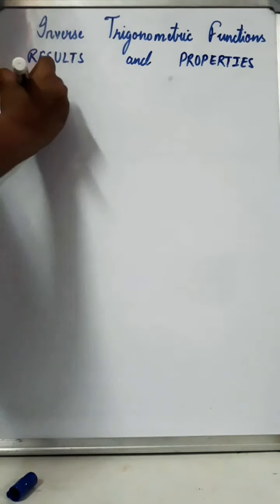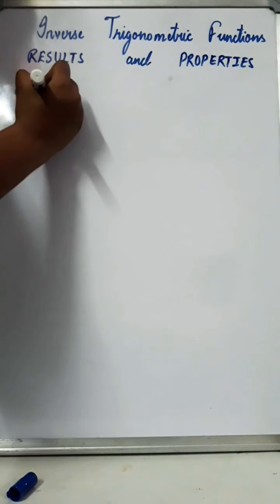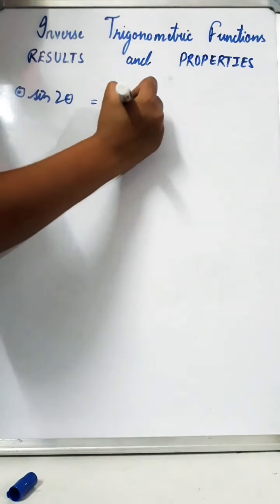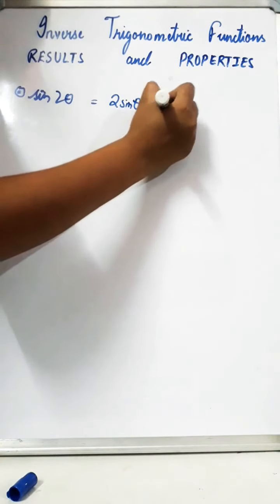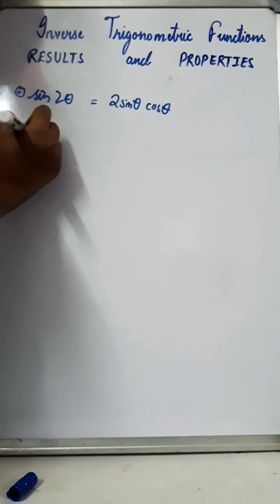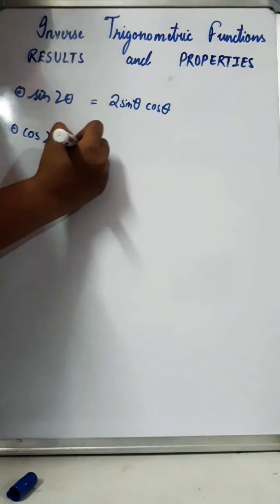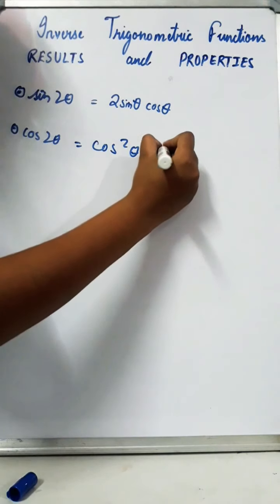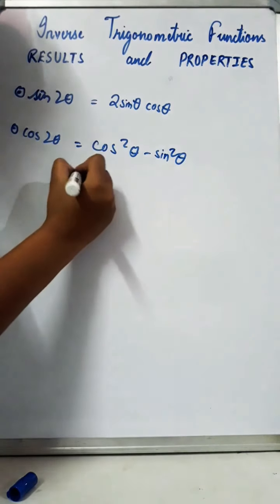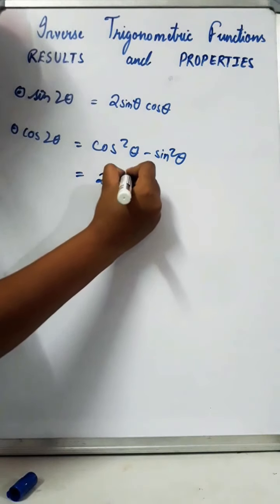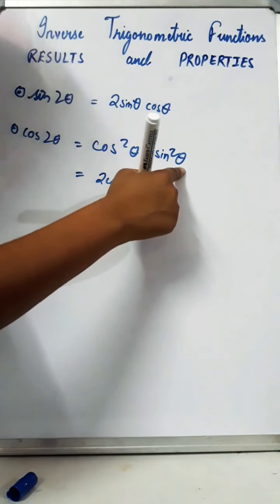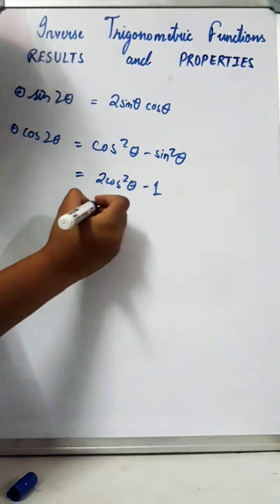years, like sin 2θ, which is 2 sin θ cos θ. Cos 2θ is basically cos²θ minus sin²θ, which can also be written as 2cos²θ minus 1, because sin²θ can be written as 1 minus cos²θ, right?